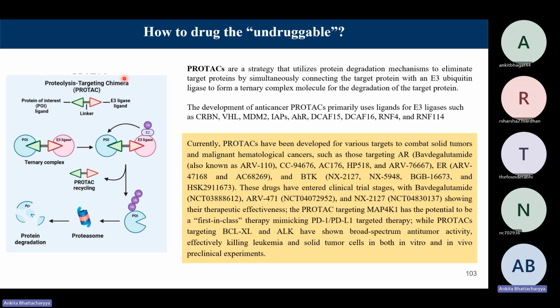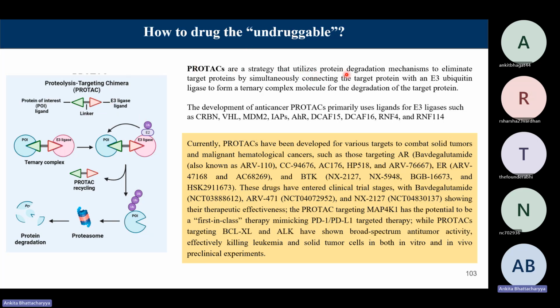So in PROTACs, PRO stands for proteolysis, TA stands for targeting, and C stands for chimera. What does it exactly mean? It means you are generating a chimeric molecule which triggers proteolysis, which means protein mediated degradation of a certain molecule.